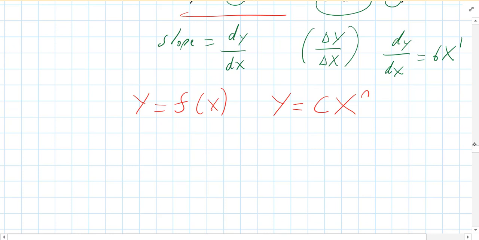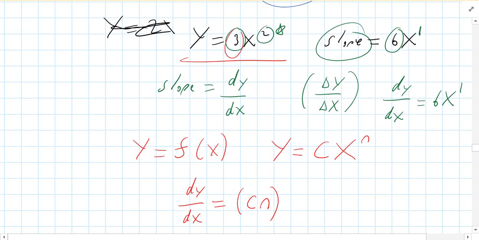Then dy/dx is equal to the coefficient out front becomes c times n. In our example, we multiplied the 3 times the 2, we got a 6, okay? And you have x, and then how do we get the new exponent? Well, we subtracted 1, so this becomes n minus 1, okay?